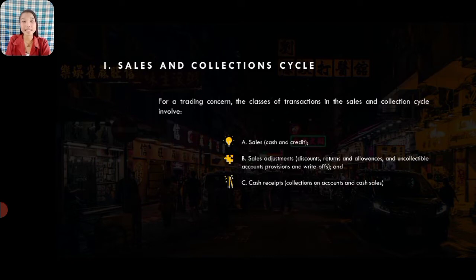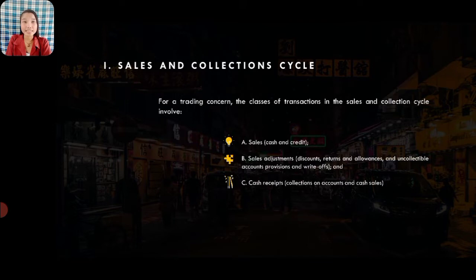discounts. When we say discount, it is a deduction on the usual cost of the product. Typically, these discounts are given to the buyer if they make an advance payment or prompt payment to the seller. While returns and allowances are done by the buyer if the purchased goods or products have a defect or damage.